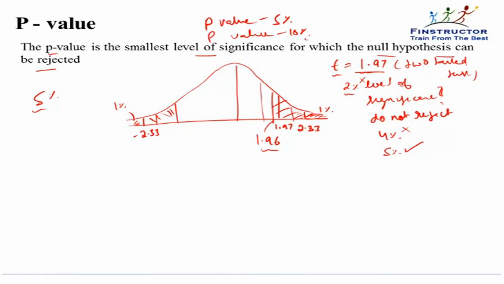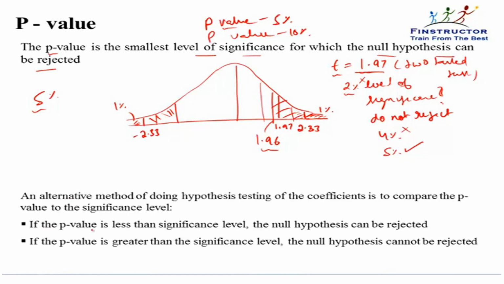The p-value essentially is another way of conducting the hypothesis test. So instead of comparing the critical values, I can simply compare the p-value with the level of significance given in the question. If the p-value is less than the level of significance given in the question, then the null hypothesis can be rejected, because the minimum value I need to reject the null is the p-value.